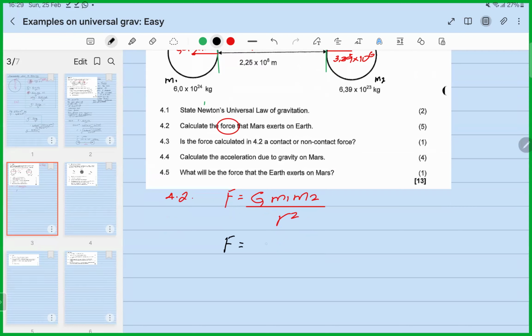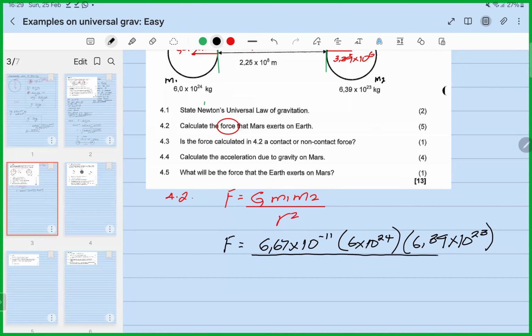F equals G, which is 6.67 times 10 to the minus 11. The two masses, 6 times 10 to the 24, 6.39 times 10 to the 23, and the distance. My suggestion is put it all inside the bracket and square it all together.